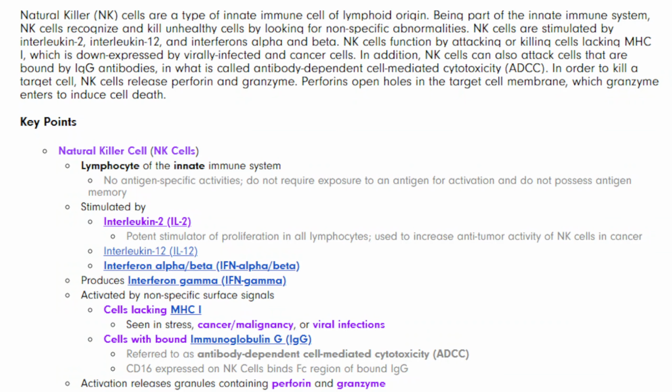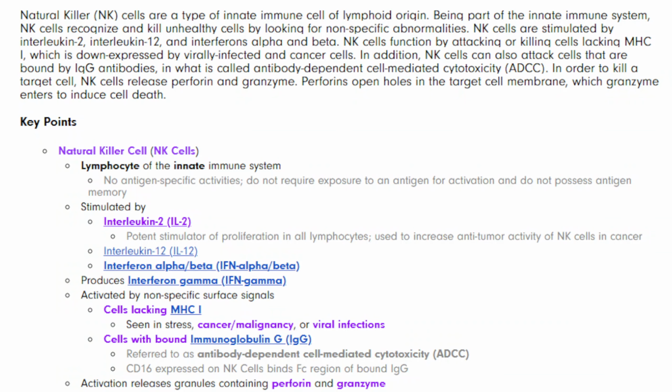So the natural killer cells can also attack cells that are bound to immunoglobulin G antibodies, in what is called antibody-dependent cell-mediated cytotoxicity. In order to kill a target cell, natural killer cells release perforin and granzyme.